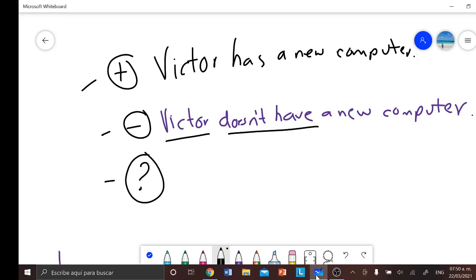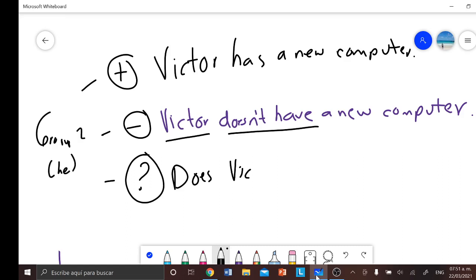Ahora, con esa información, I will have to make the question. ¿Qué tengo que hacer? The only thing that I have to do is just add the auxiliary do or does y cambiar el has por have, okay? Or if you want, you can follow the structure. Si quieren, pueden seguir la estructura que les acabo de dar. Entonces, over here, I have to use does because Victor is from the group number 2, because he's he.